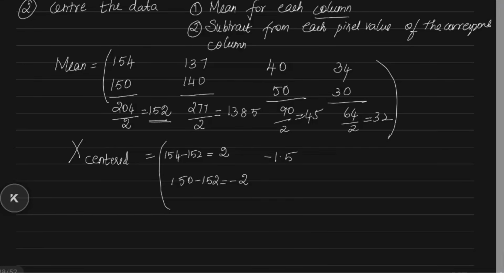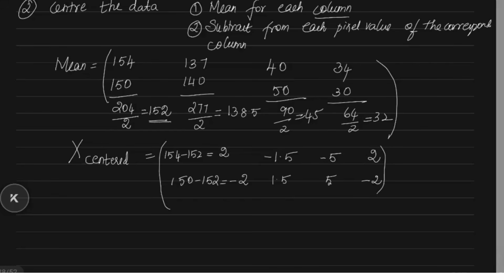Next, 140 minus 138.5 is plus 1.5. Here it will be 40 minus 45, so it is minus 5, and here it will be plus 5. Likewise, 34 minus 32, and so you have this new matrix. The reason we find this X-centered matrix is that it removes the overall brightness and focuses only on the variation, so we add this step. After this, step 2 is over.